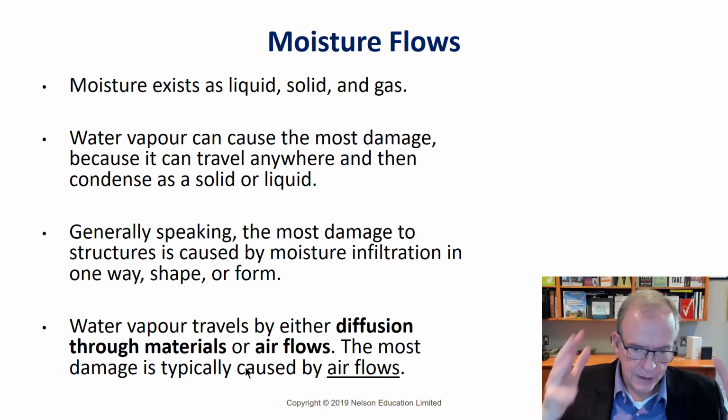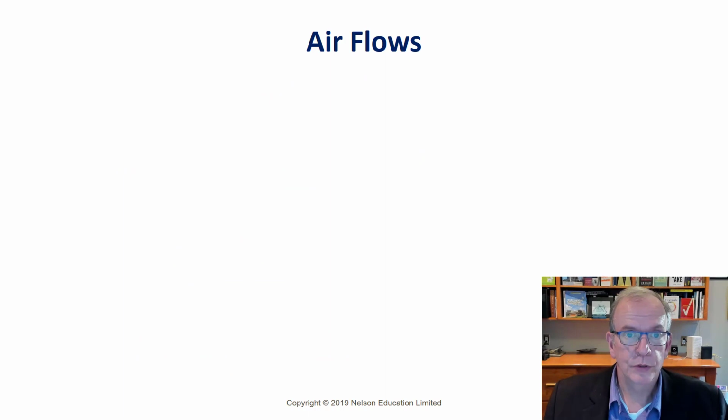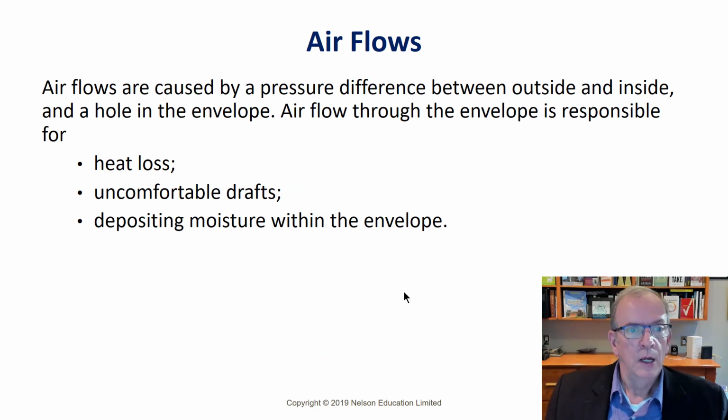And if it condenses in an area of bad insulation and it's surrounded by wood and drywall, it can build up moisture and cause mold and rot, which essentially that's what mold is doing, bringing it back to nature. So we have these airflows and they're caused by a pressure difference.